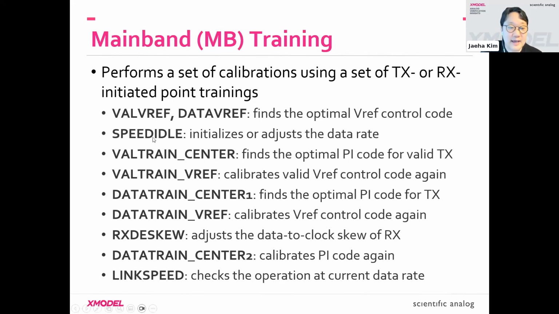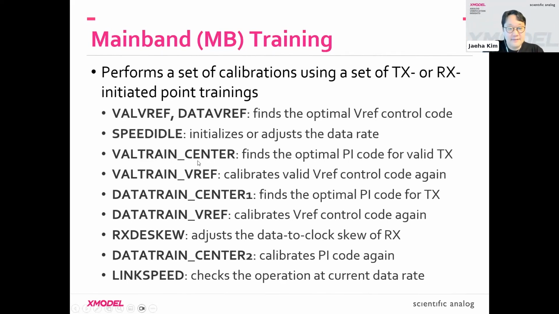Speed idle is a step for setting the data rate. I'll come back to this. The first step was done at the lowest data rate of 4 gigatransfers per second. And after that, you start transmitting at the higher data rate if possible. That's adjustable.